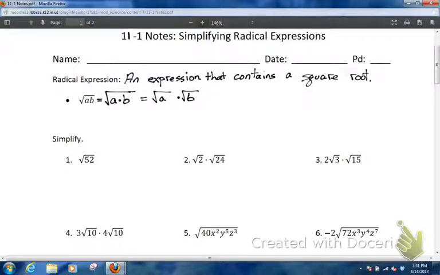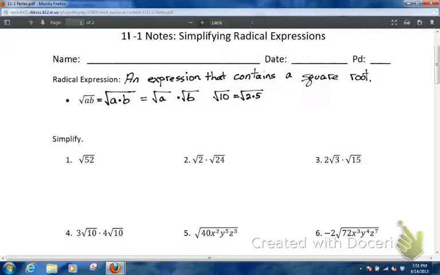Now this might make a little bit more sense thinking about an actual number in there. So let's just say I had the square root of 10. You could rewrite the square root of 10 as the square root of 2 times 5. Excuse me, something happened to my screen. There we go.